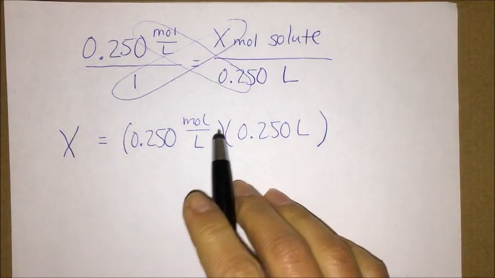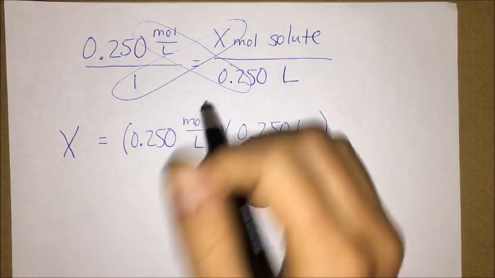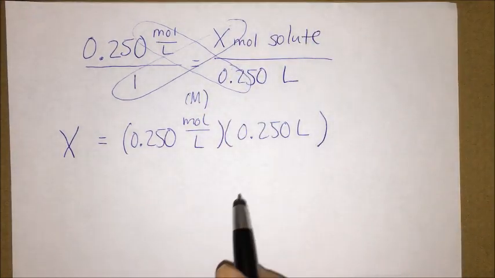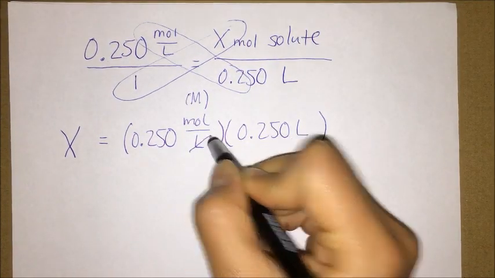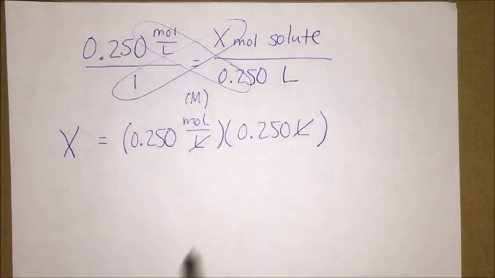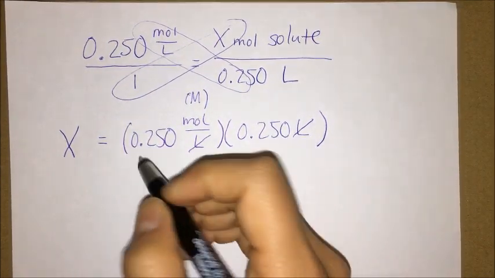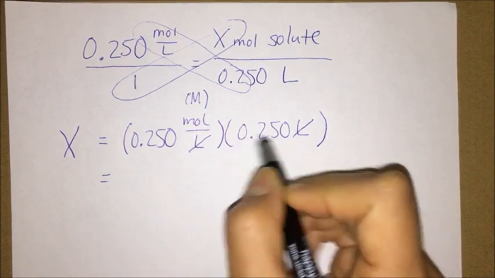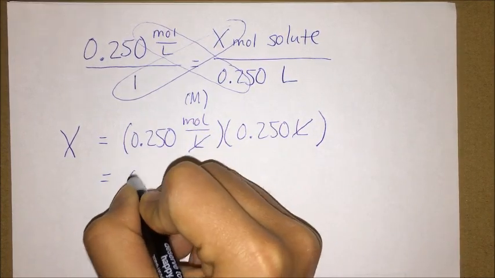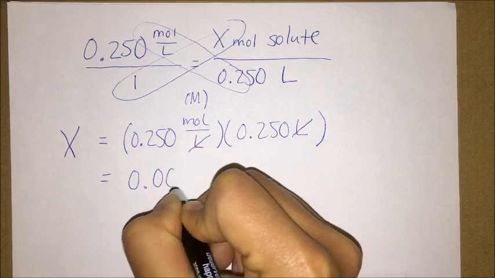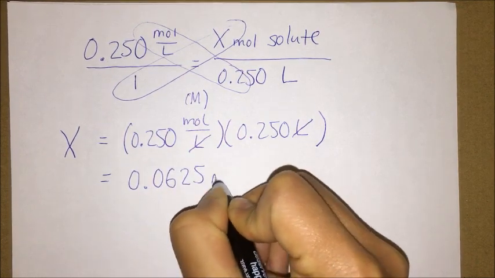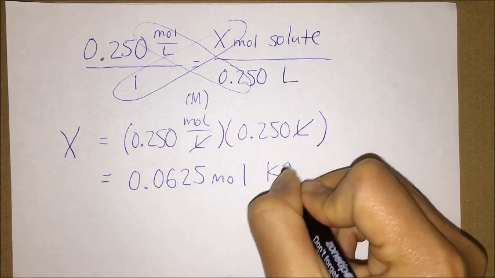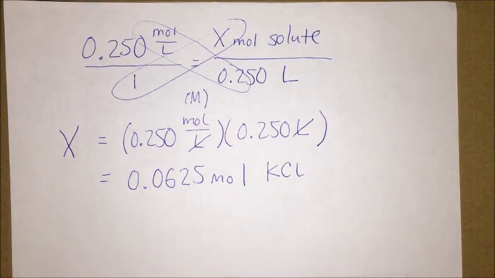Don't forget, moles over liters is the same as capital M, but now you can see this is how your liters cancel. So when you multiply 0.250 times 0.250, you'll get 0.0625 moles of your solute, which is KCl.